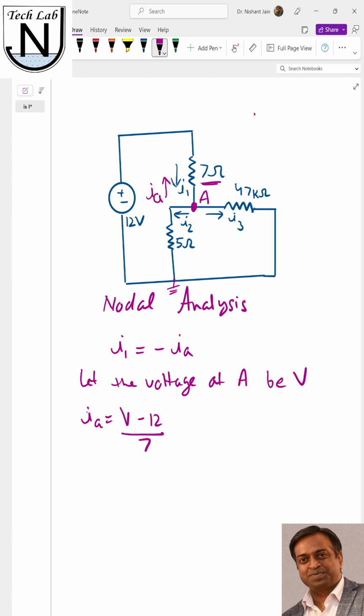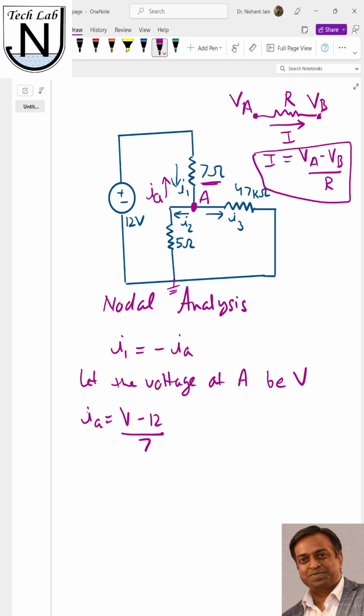We know that if we have two nodes or two points, let it be A and this is B, and the voltage at A is VA and the voltage at B is VB, and the resistance is R and the current is flowing in this direction I, then to calculate I, the formula is VA minus VB upon R. The same formula we are applying for all the branches.